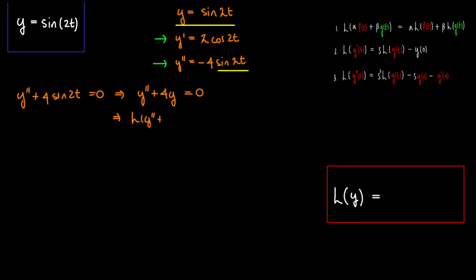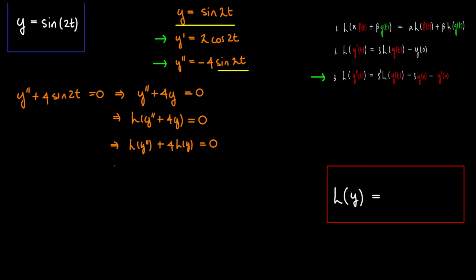We have to use linearity here. The Laplace transform of the left is just this, the Laplace transform of the right is just going to be 0. And then we're left with the Laplace transform of the second derivative plus 4 times the Laplace transform of y, all equal to 0.